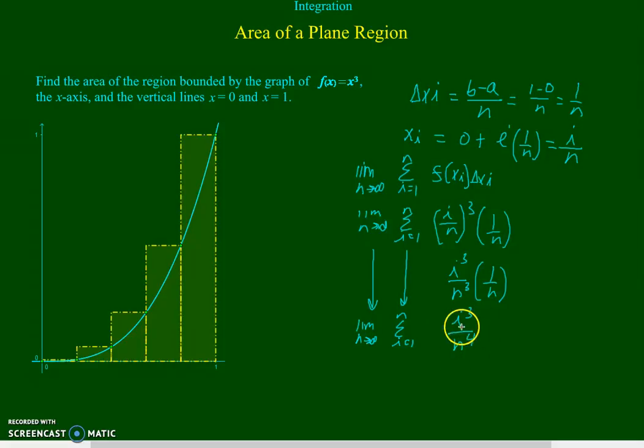Again, we have this constant term, so that can come outside: 1 over n to the fourth times the sum from i equals 1 to n of i cubed.